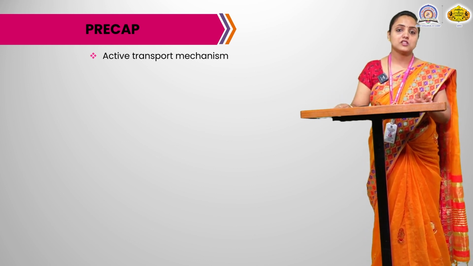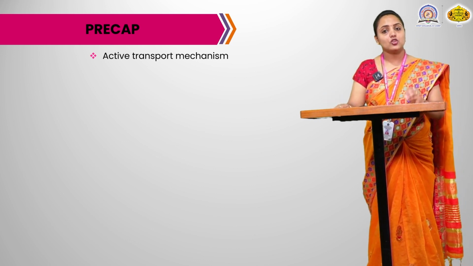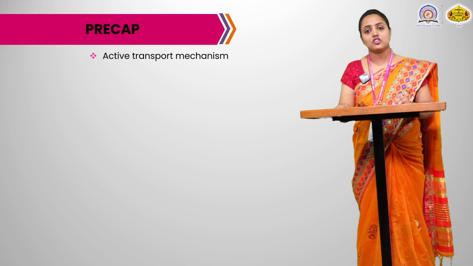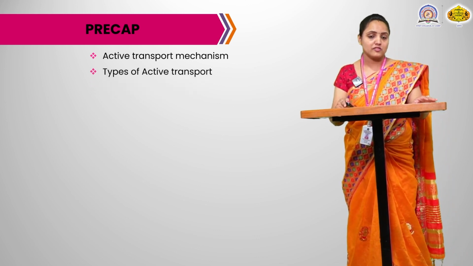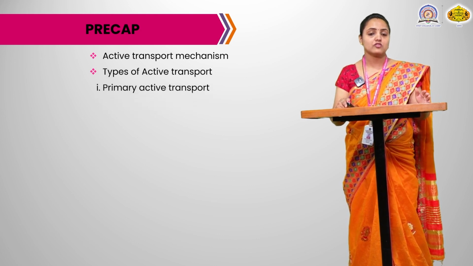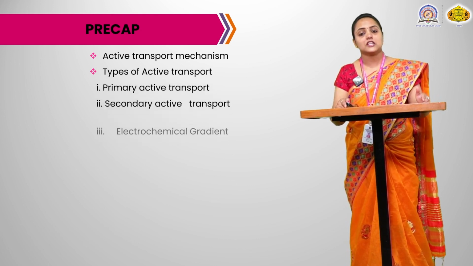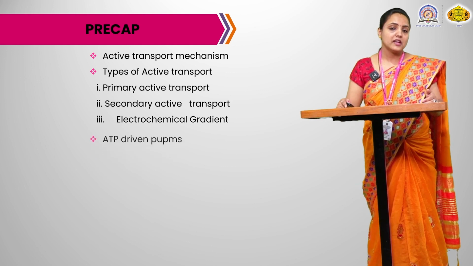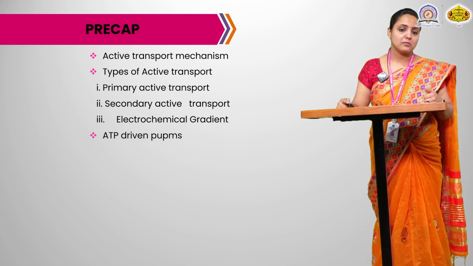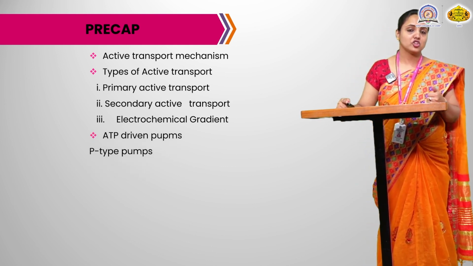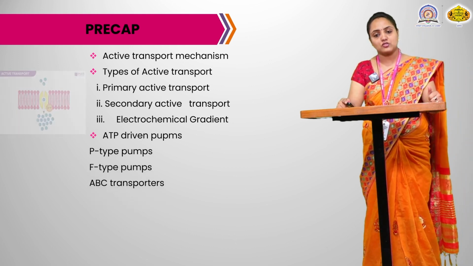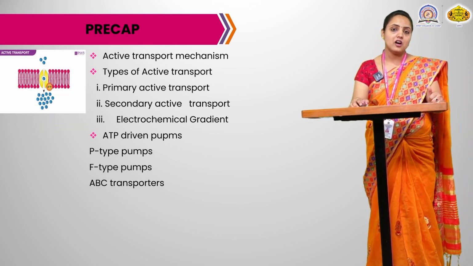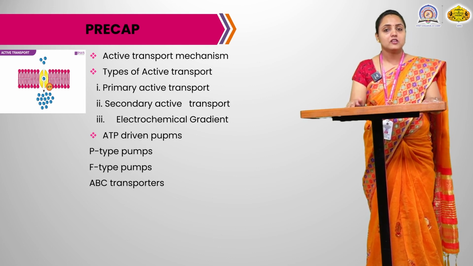We are going to see the types of active transport, which include primary, secondary and the electrochemical gradient. We will also see the ATP driven pumps, which include the P type, the F type and the ABC transporters. So our today's session is over.